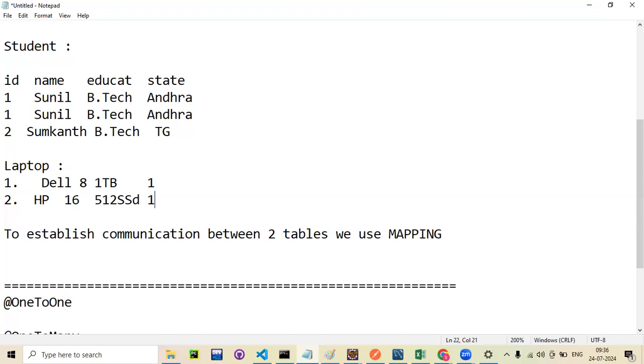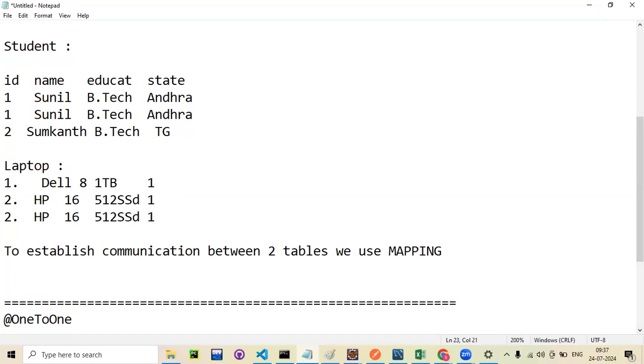And don't think every two rows will be the same here, because I am assuming each laptop's configuration is different from the others. So the third one might be a Mac.